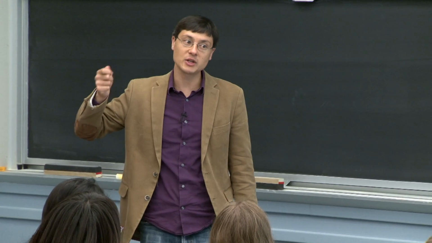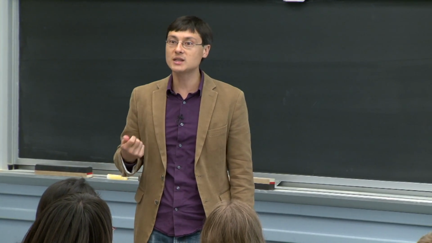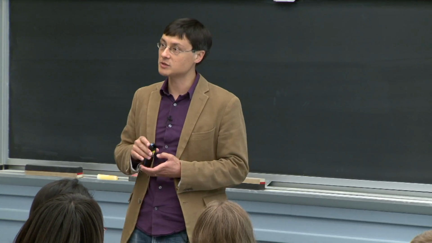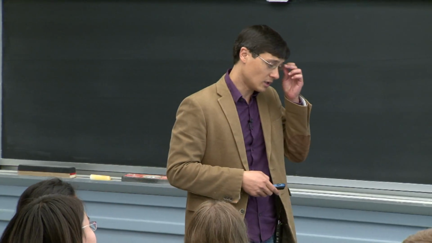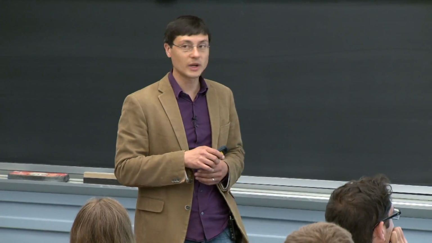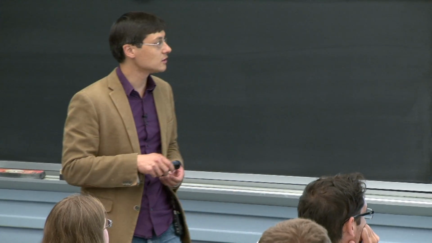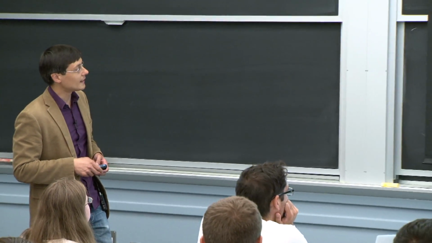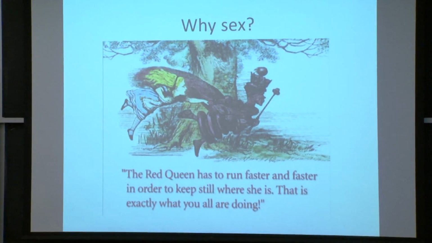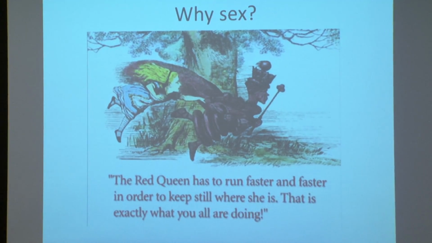So I think it's a major challenge to ask, why is it that sex is so common among what you might call the higher organisms, right? There are many hypotheses. We'll talk about some of them. One of the leading ones is known as the Red Queen hypothesis from this Lewis Carroll story, where there's this line, the Red Queen has to run faster and faster in order to keep still where she is. That is exactly what you all are doing.